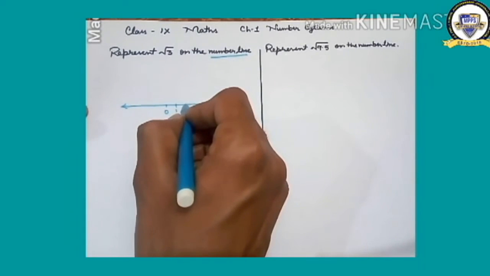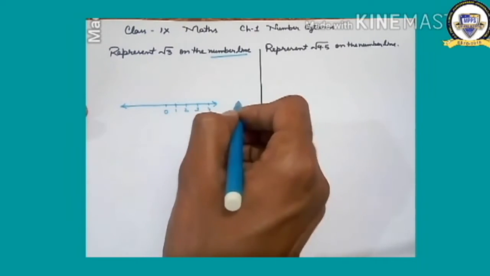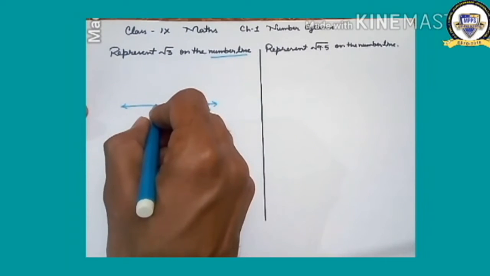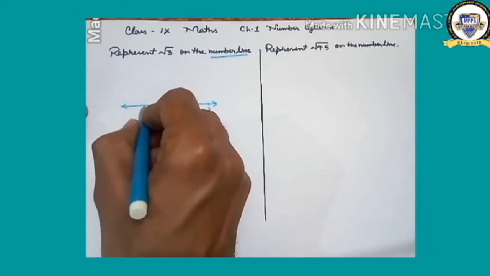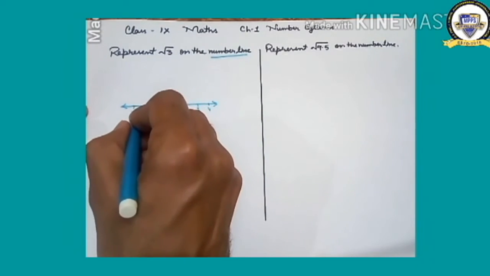So 1, 2, 3, 4 will be in the positive direction, and the arrow indicates there are more numbers. In the similar way, on the left side of 0, there will be -1, -2, -3 and so on.